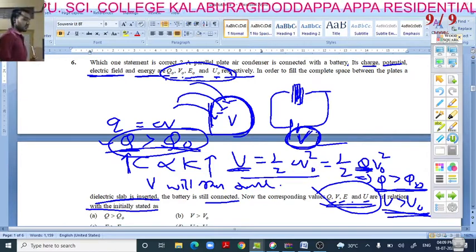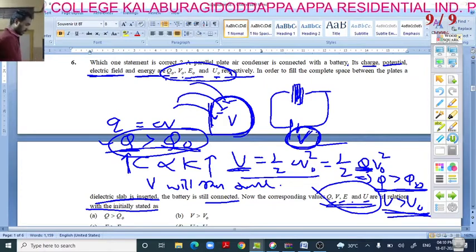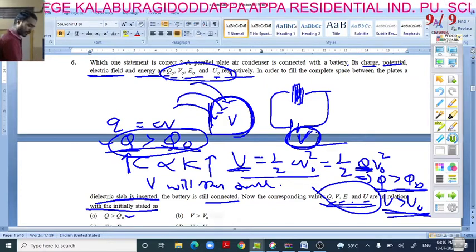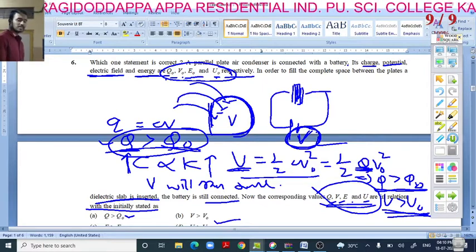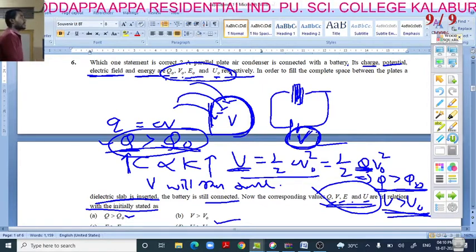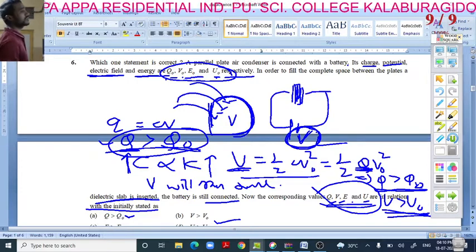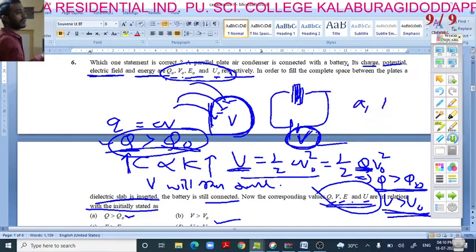So there are two possibilities, option A and option D: Q is greater than or equal to Q naught, and U is greater than or equal to U naught. So our sixth question's option is both A and D here.